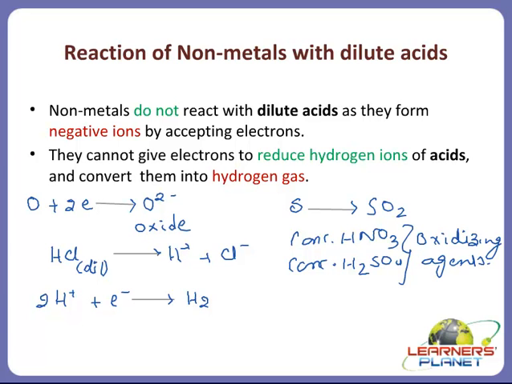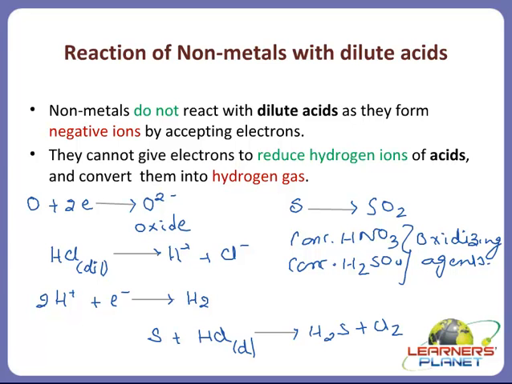Okay, and your non-metals, they do not react with dilute acids. Remember this point clearly, because many a times equations like this are given, that is sulfur plus HCl, which is dilute, right? And it is giving you H2S, or yeah, the equation can be plus Cl2.